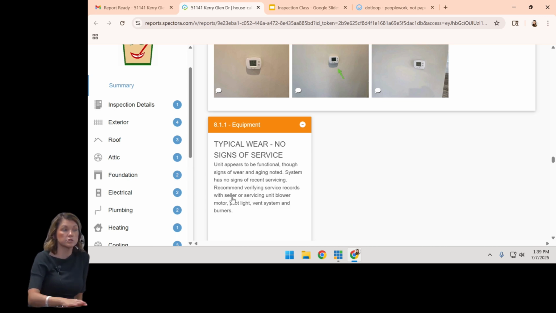But so this one, there was no sign of servicing on the furnace and air conditioner. So this was something. In this house, we did ask for this to be serviced and cleaned. And we asked the seller to make any repairs noted when the HVAC technician was there. To me, this is a defect. You need heat.